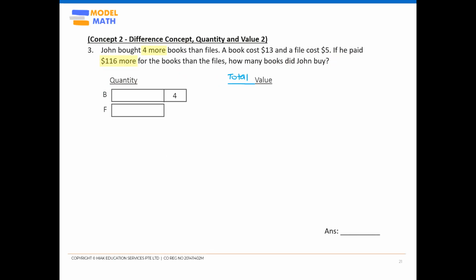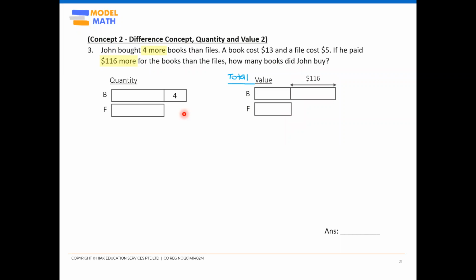This might be a clearer word, total value model. So for $116 more for the books than the files, of course the files are drawn shorter, books drawn longer. So this is your $116 difference. I'm going to write it up here, not inside, because we might need to do something to the model later.